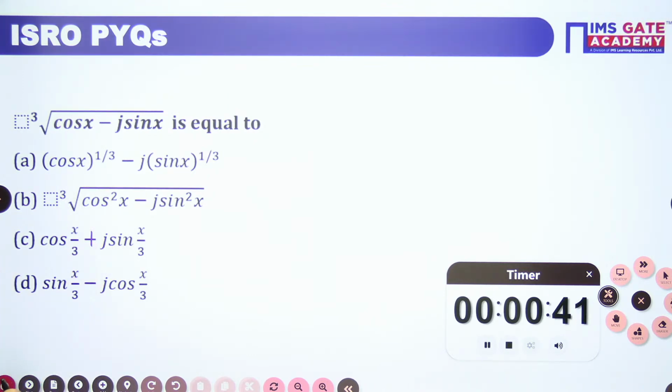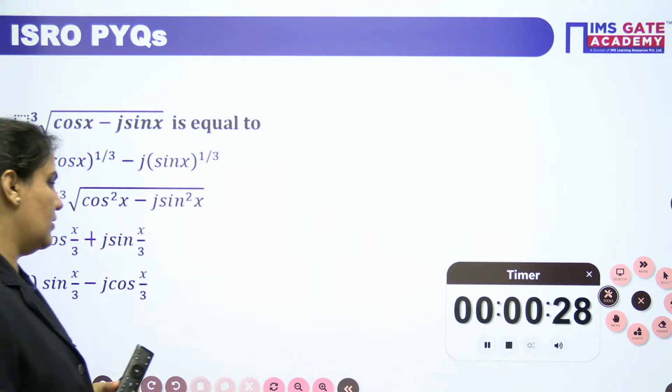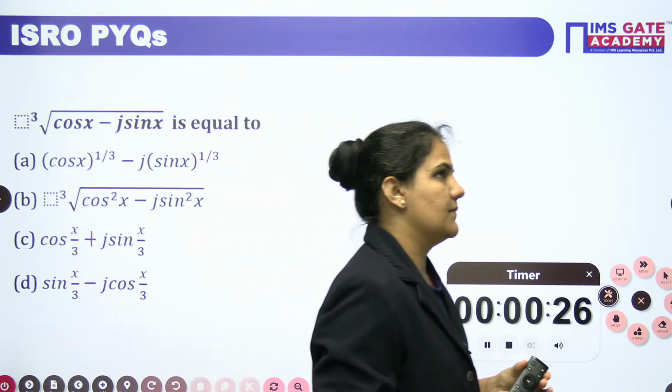Here we are having plus in the option. This is okay, right? Here one simple correction in the option, we are having plus: cos x/3 plus j or iota sin x/3.